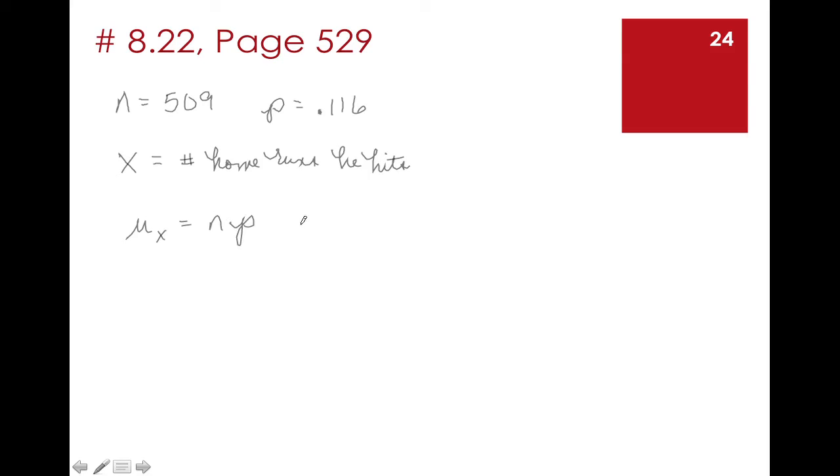So remember what the formula is, just n times p. Really easy. So just multiply them together. You get 59.044 home runs.